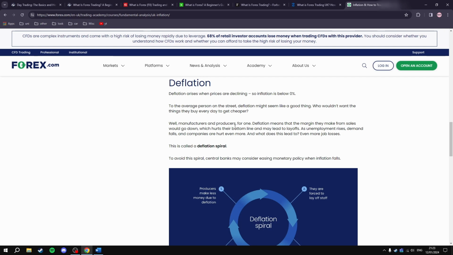Oh right, if they don't have a job, they don't have the money to buy stuff, so they don't want to buy stuff, so demand falls. Right, okay. And companies are hurt even more. And what does this lead to? Even more job losses. This is called a deflation spiral, and it repeats. To avoid this spiral, central banks may consider easing monetary policy when inflation falls.